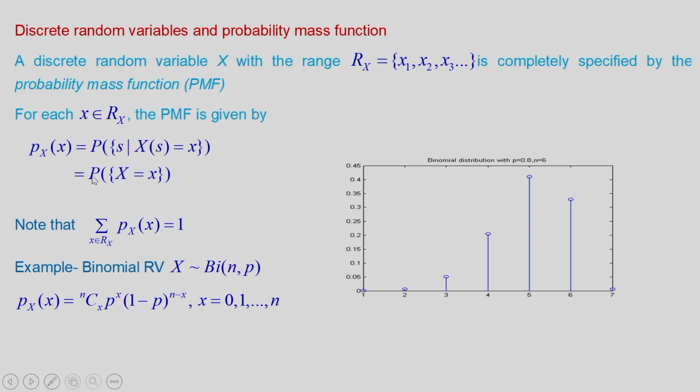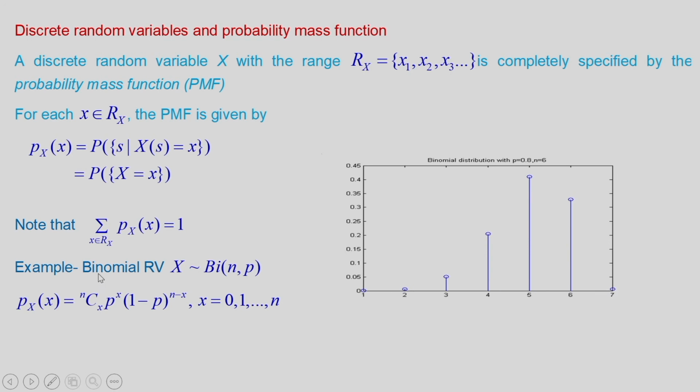We write it in simple notation as probability that X is equal to small x. Since probability mass represents a probability function, clearly the summation of p_X(x) over x belonging to R_X is equal to 1. If we sum up all the probability mass function, the sum must be equal to 1.